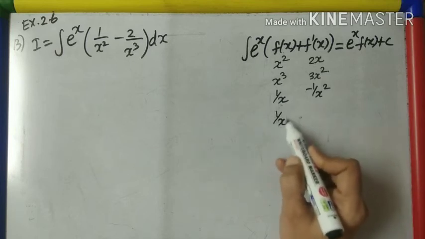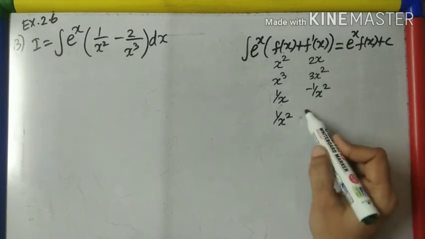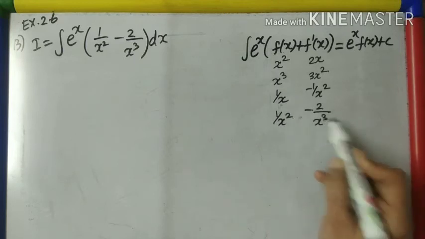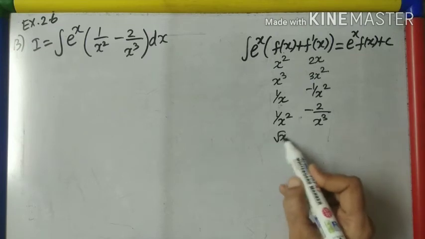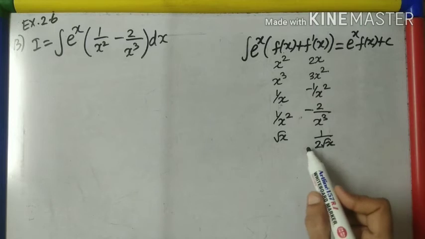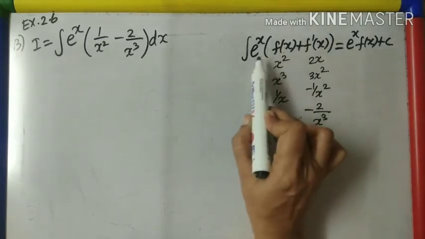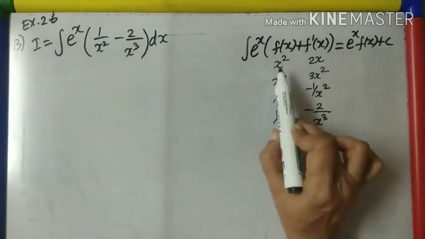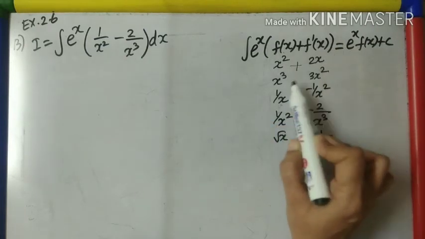Suppose 1 by x square is there, the derivative will be minus, remember, cross multiply by x cube. Suppose root x is there, 1 by 2 root x must come. So these are just examples. Outside the bracket we have e power x, and inside the bracket we will have two terms.